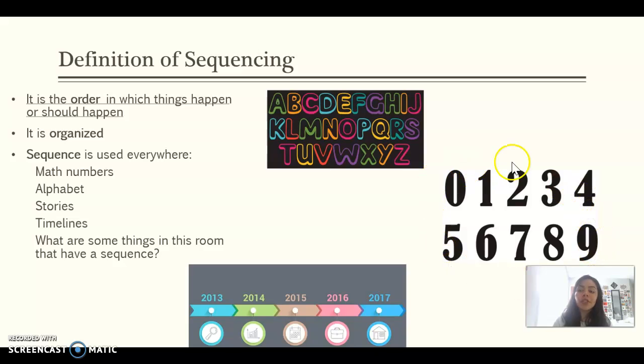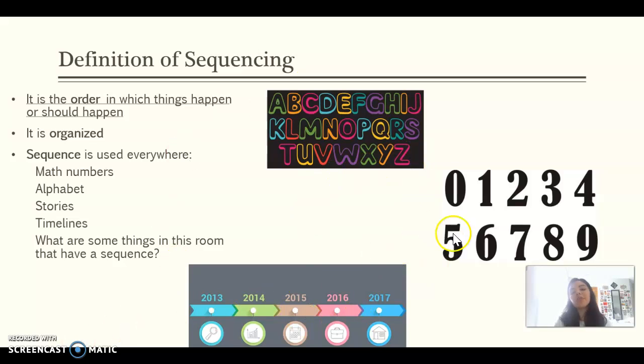I would say numbers are in sequence because they're organized from the smallest to the biggest number. And then I would show them this. This is a timeline. We always go in order when we use a timeline. 2013, 2014, we go up.